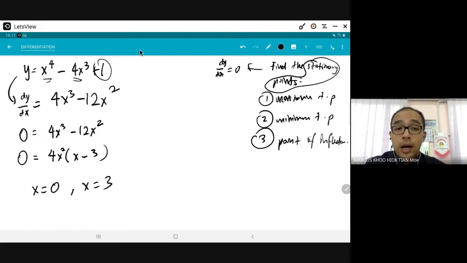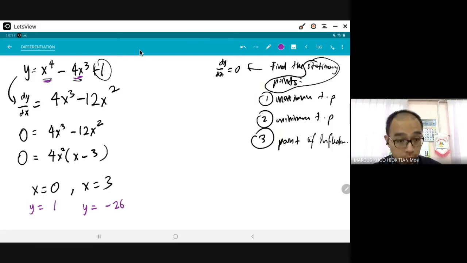And as always, once you find the value of x, you want to find the value of y. So how do we find the value of y? We sub the x back into the original one. So we get the coordinates: x equals 0, y is 1, and then x equals 3, y is negative 26. So there are 2 coordinates, (0, 1) and (3, -26).